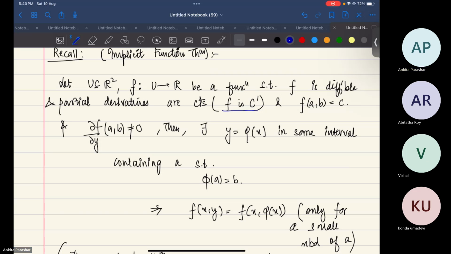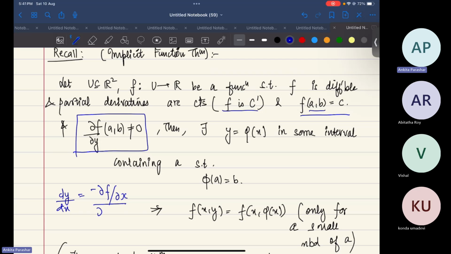And at a certain point (a, b) the function value is 0, and the partial derivative with respect to y, the same thing we were writing when computing dy by dx, is del f by del y. The only property we are mentioning here is that the partial derivative of that function with respect to y is non-zero.